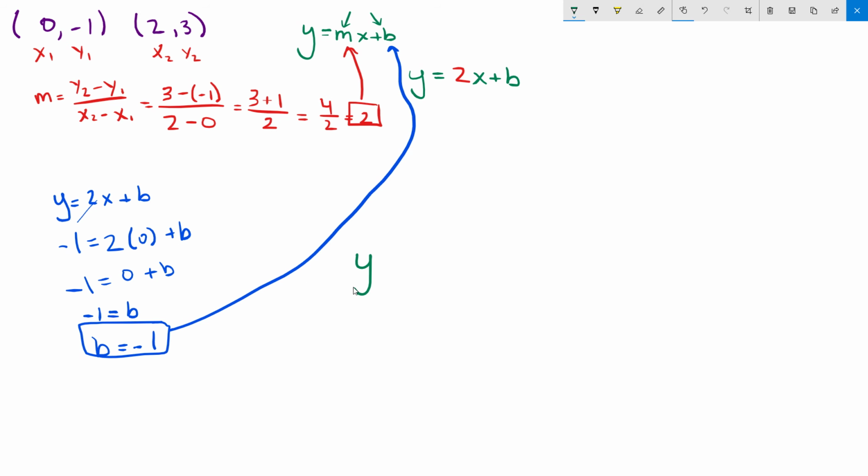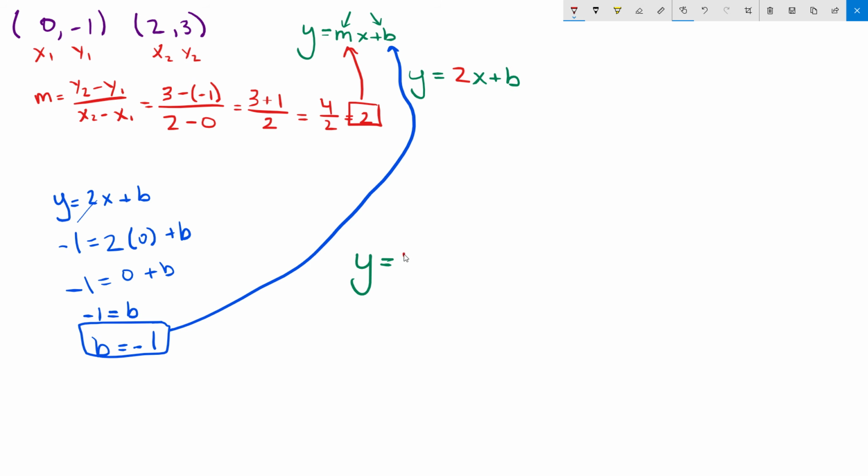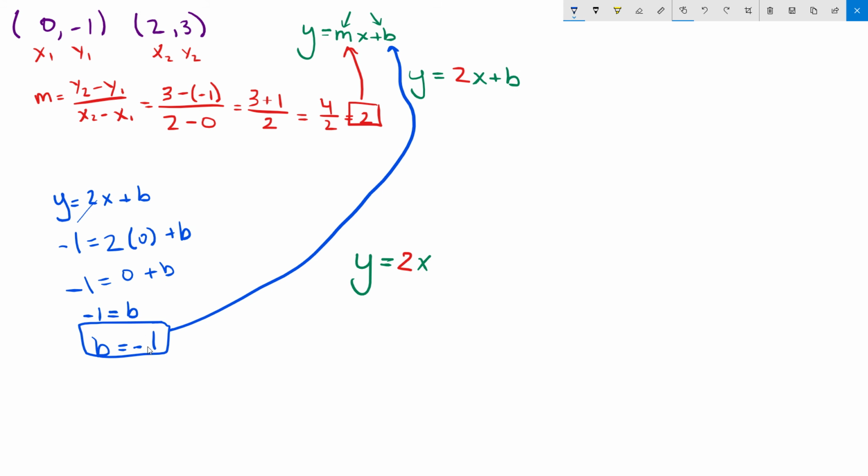So we have y is equal to 2x, sorry, I just want to color code this, plus, or in this case actually, if we take a look at what our b is, -1, right?